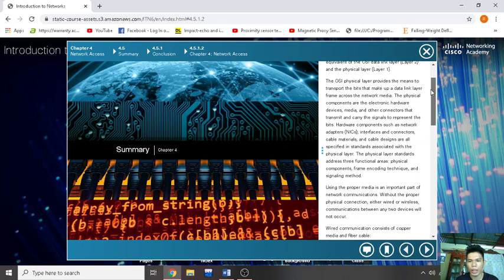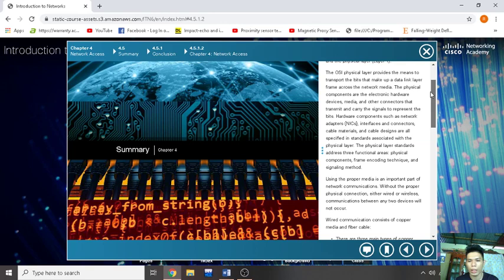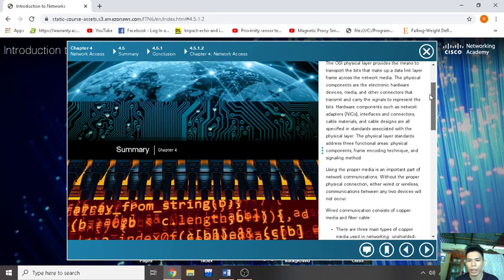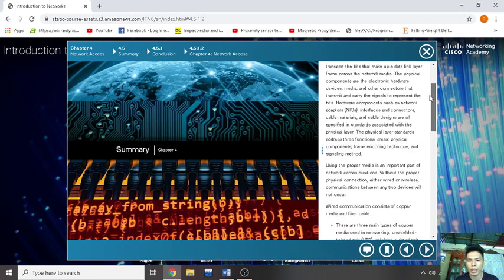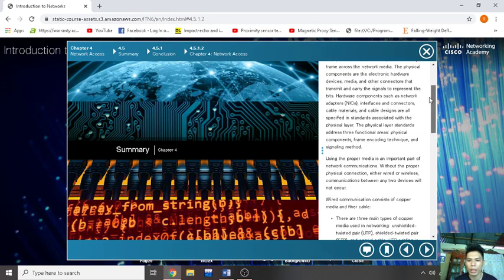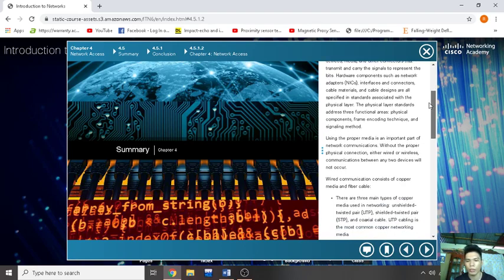The OSI physical layer provides the means to transport the bits that make up the data link layer frame across the network. The physical components are the electronic hardware devices, media, and other connectors that transmit and carry the signals to represent the bits. Components such as network adapters, NIC interfaces and connectors, cable materials, and cable design are specified in standards associated with the physical layer.